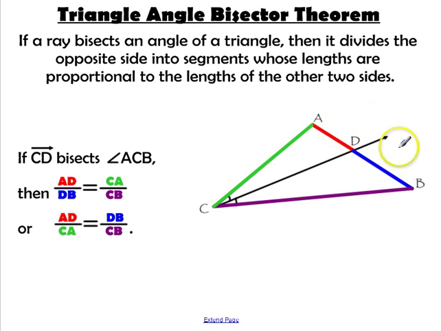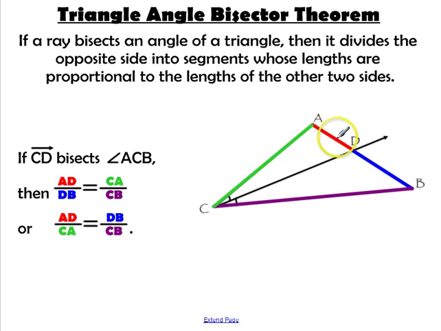So you can't say that AD is equal to DB. So be really careful with that. But what we can do is set up a proportion with these four different segment lengths that we have now. So there are two ways that we can set it up.